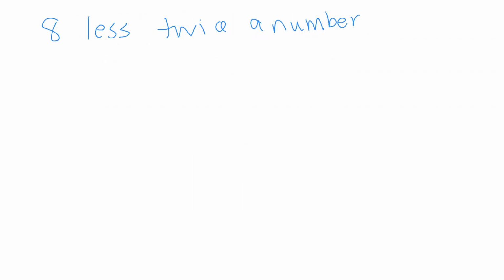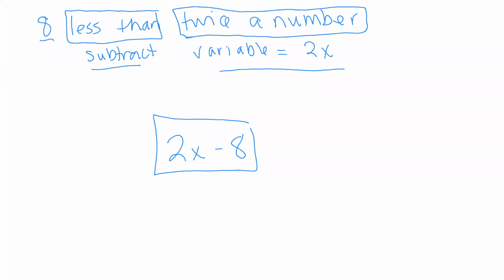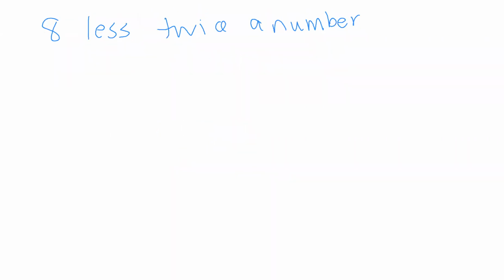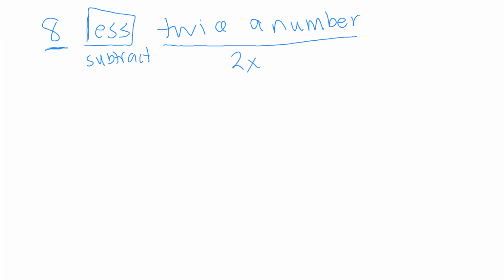In the last slide, I had 8 less than twice a number. So that tells me I want to take 8 away from twice a number. But now I have 8 less twice the number. So this is telling me I want to take 8, and less still means subtract. So what I want to do now is subtract twice a number, which we already know from the previous examples is 2x. So this one is actually 8 minus 2x.